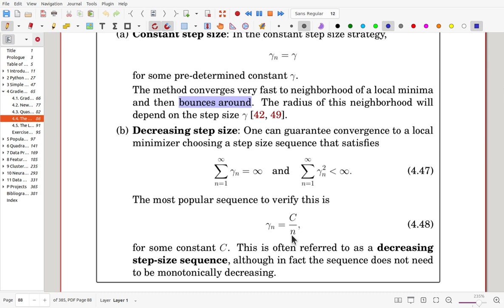With this decreasing step size sequence, around the local minimum the method is not really bouncing, but because the step size is decreasing, you also have to be careful that the convergence slows down, and then it may not reach the local minimum.